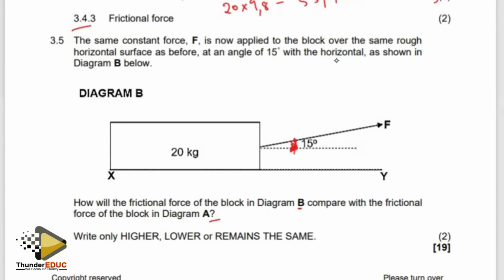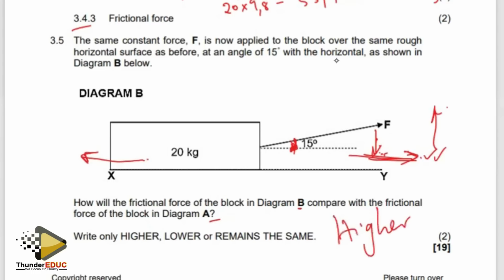Why? Because most of the force will be applied in trying to overcome, because there's going to be more of the horizontal force than the vertical force. And if the horizontal force is greater, even the frictional force must be bigger.